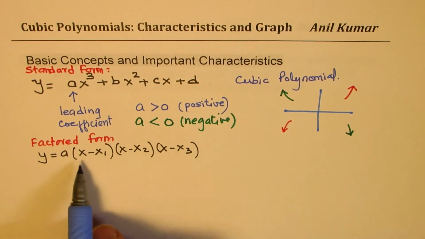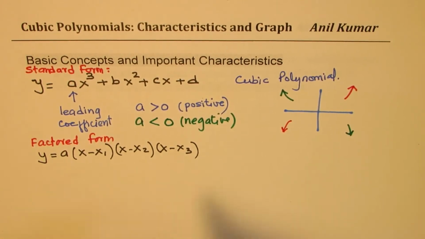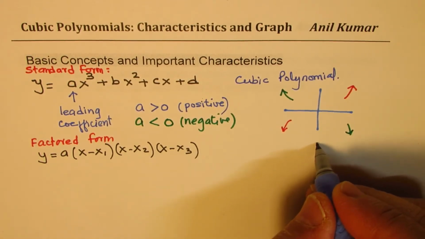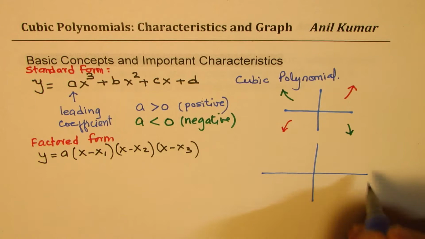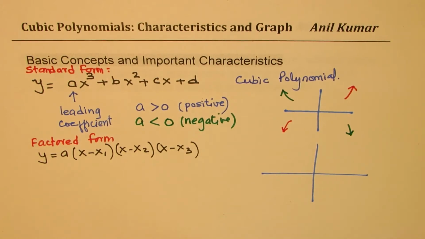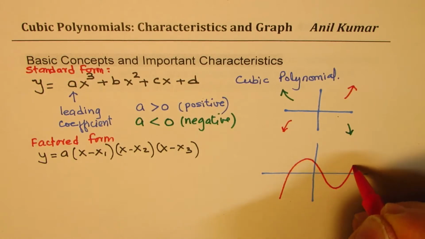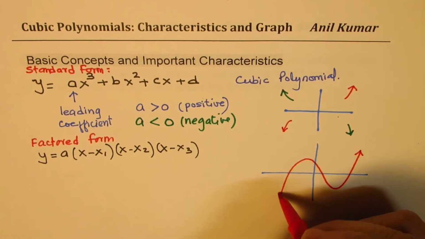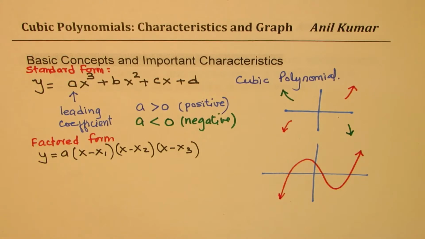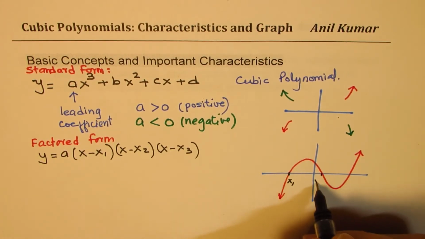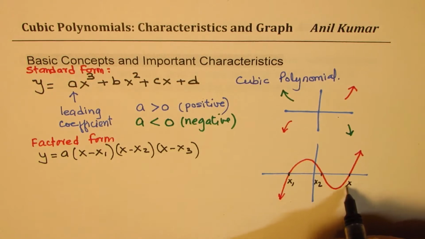Now if you have 3 roots, in that case you expect the graph of the function to be kind of like this. So it's always a smooth curve. End behavior is towards the opposite ends, where these points here are x1, x2, and x3.